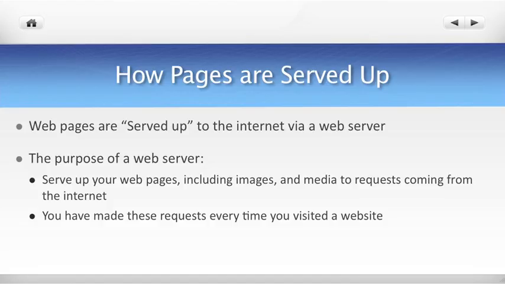The purpose of the web server is to serve up the HTML page and all the elements that constitute your HTML page from the web server to the requestor's web browser. You have made these requests every time you visited anybody's web page. Every time you clicked on a link, clicked on an image, or entered a new website address.